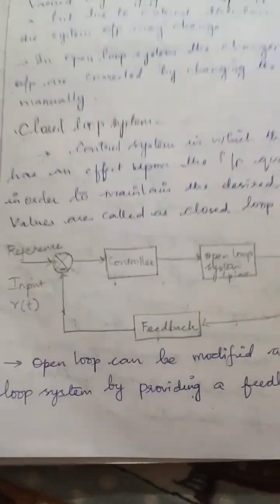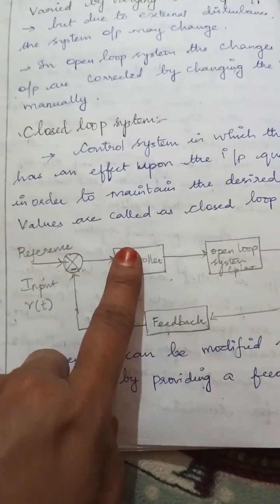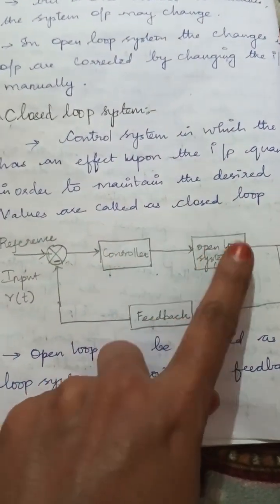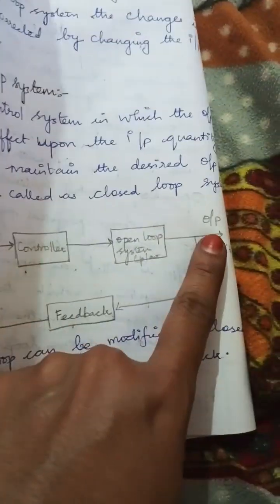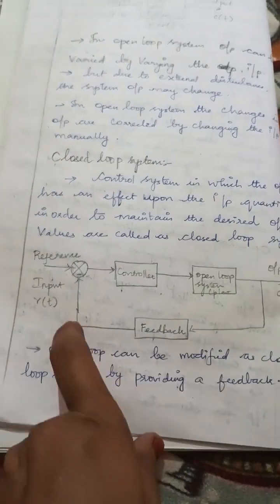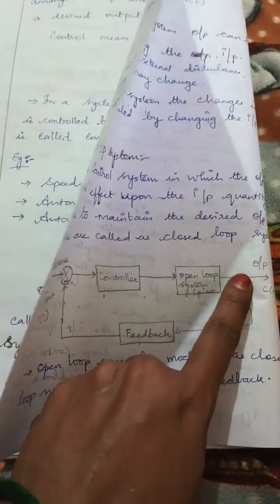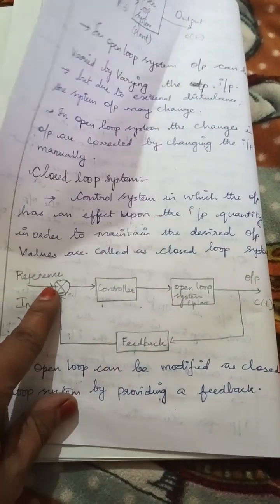Next comes closed loop. Here is an example of a closed loop. An input is given to a system, as in the normal open loop control system, but the output is fed back to the input. If the loop is closed like this, we call it a closed loop system. Relevant to the output performance, that is fed back to the input.